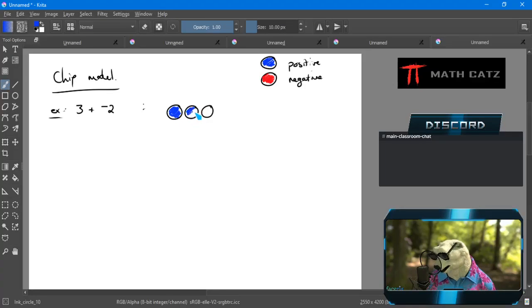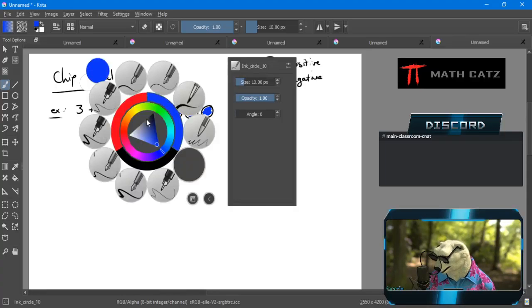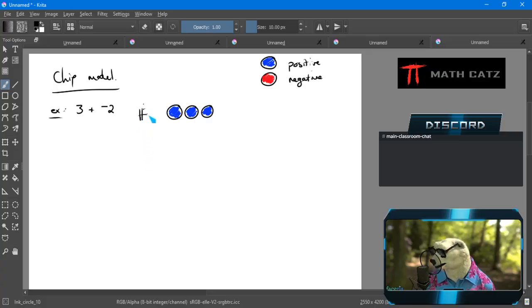Color is always fun. It's amazing how we respond to color. So I'll just squeeze it in here. I have 3 together with -2, which will be 2 negative chips.